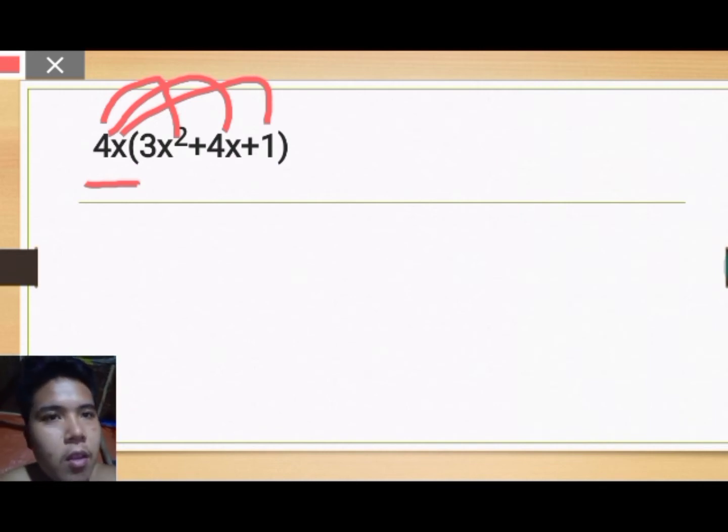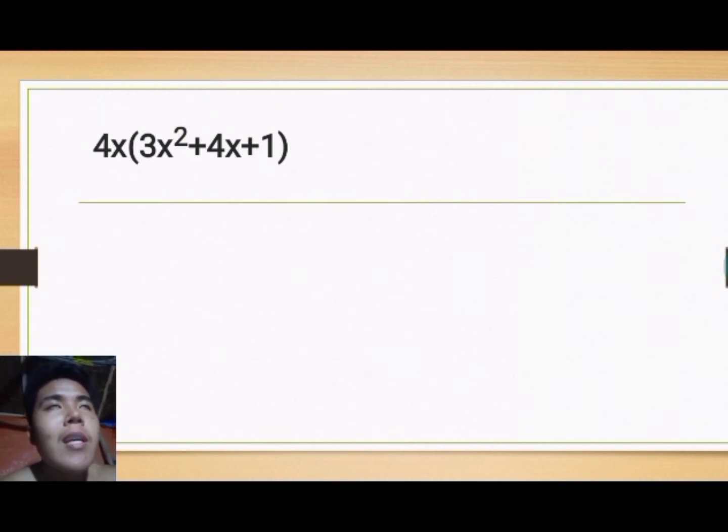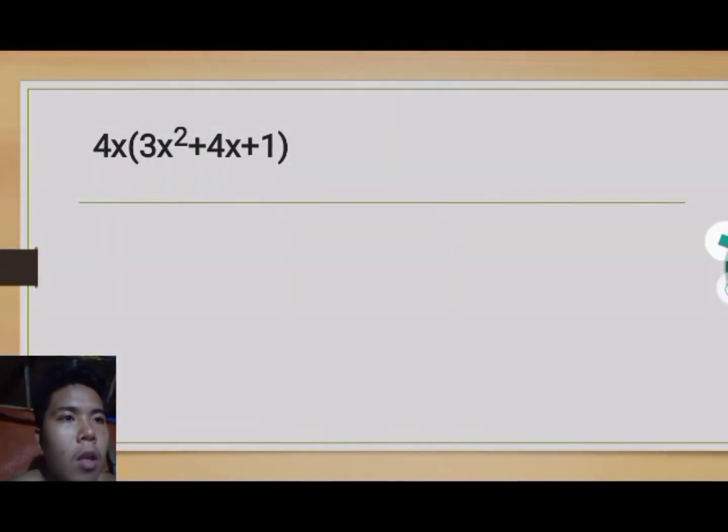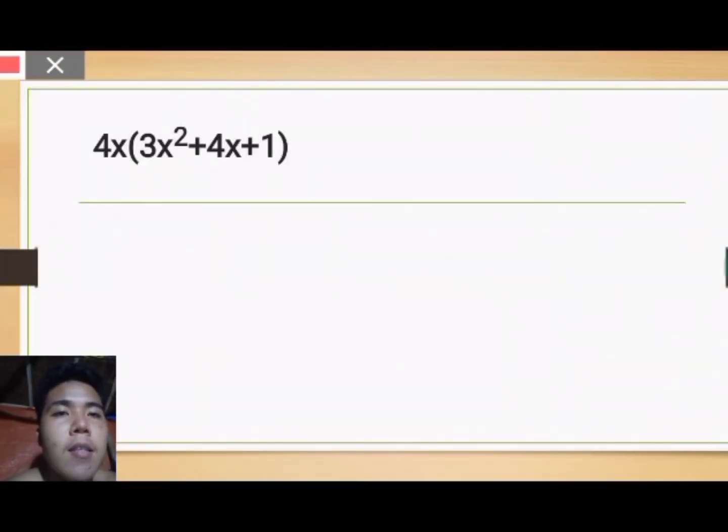Again, you distribute the 4x to 3x squared plus 4x plus 1, and in multiplying polynomials, you add the exponents. And always multiply first the coefficient, or the number, followed by the variable.